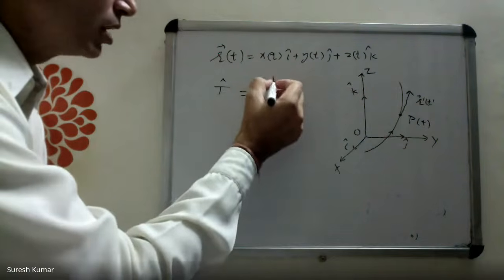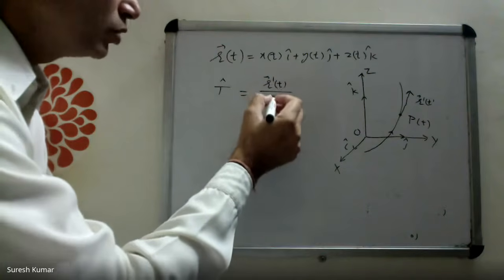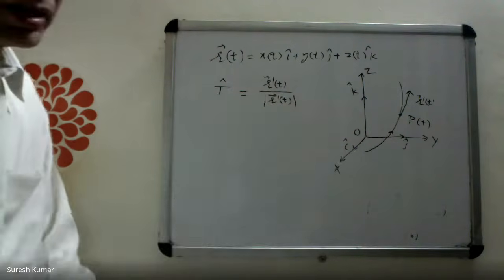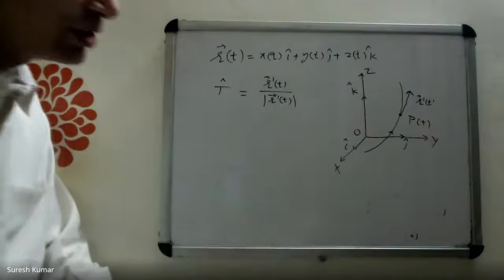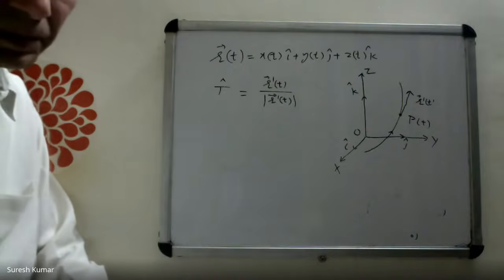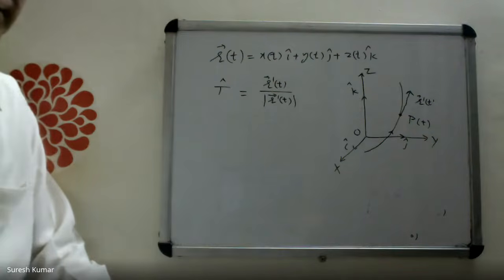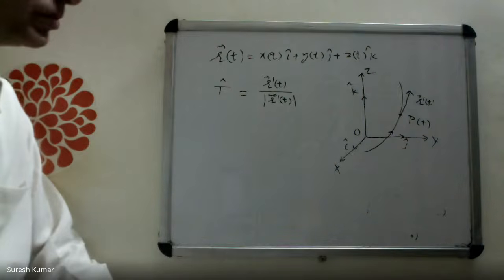Can I write r prime(t) divided by magnitude of r prime(t)? Does it represent a unit vector along the tangent at P? Yes? Okay, so one unit vector we have defined.